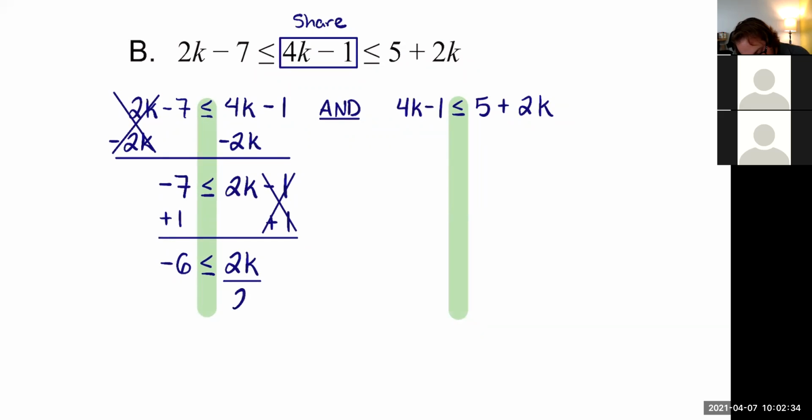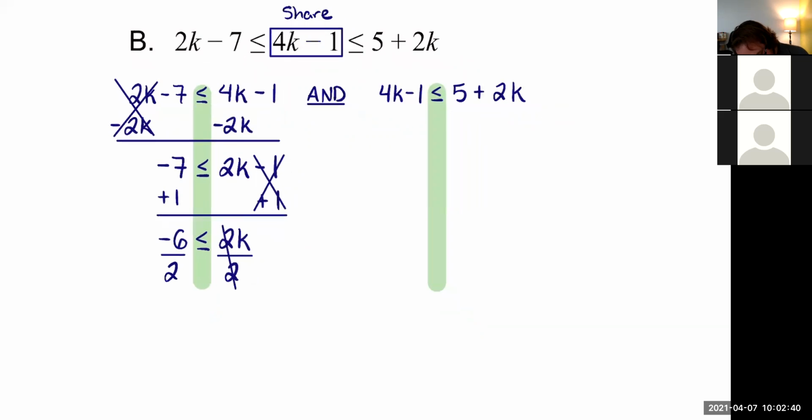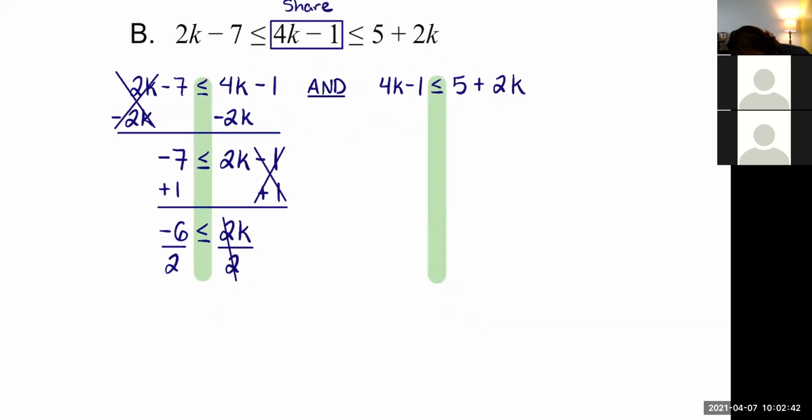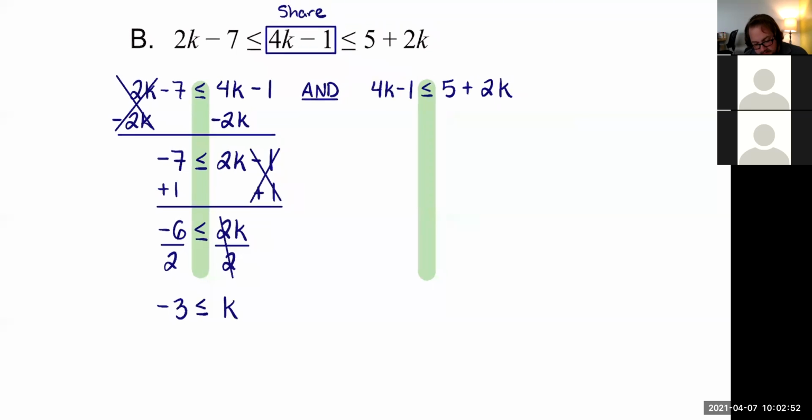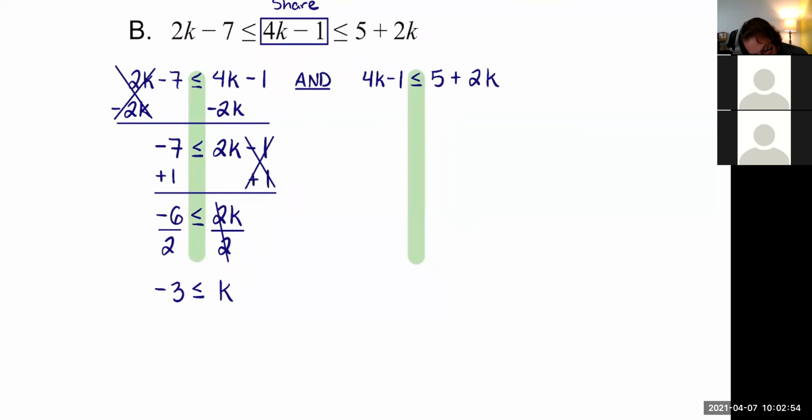Divide. I'm going to divide both sides by 2. -6 divided by 2 is going to give me a -3. Is less than or equal to the 2 divided by 2, which hides as a 1, leave me with just a k. Now, for my purposes, if we want to think about it graphically here in just a moment, I'm going to also consider it with the variable in front.